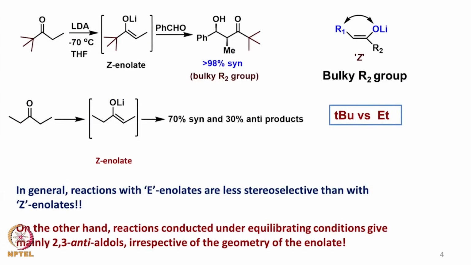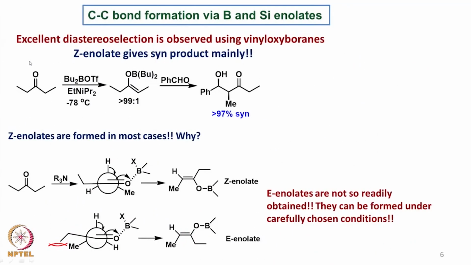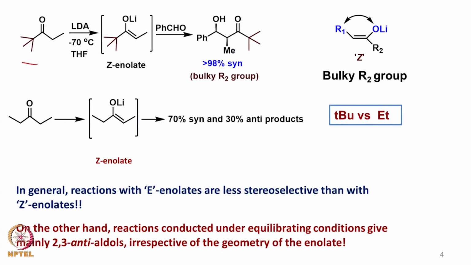For example, if we take a compound in which there is a tertiary butyl group here and an ethyl group here, and the reaction is carried out in THF at low temperatures like -70 degrees using a base like LDA, lithium diisopropylamide, then the enolization would occur from this position, and we get the enolate like this, which is a Z enolate.